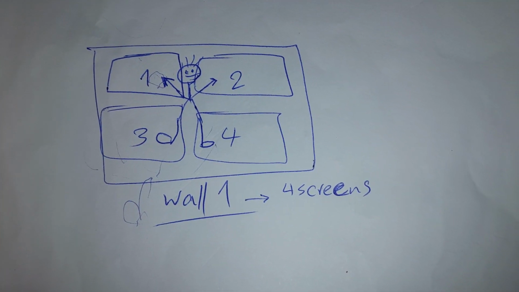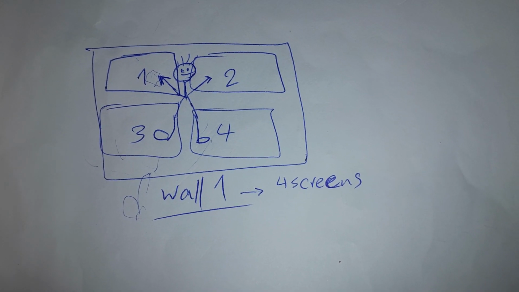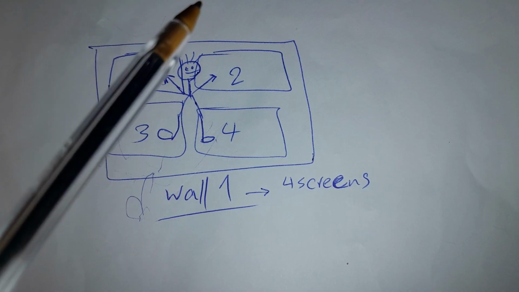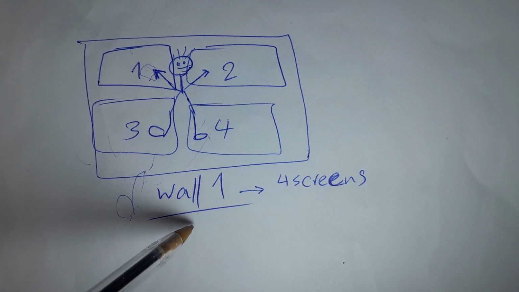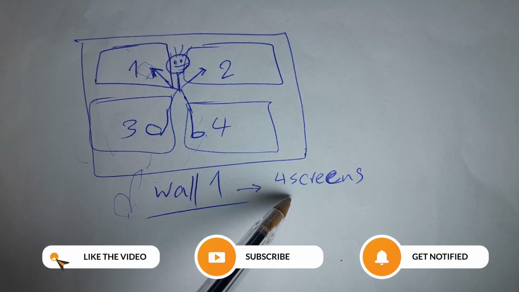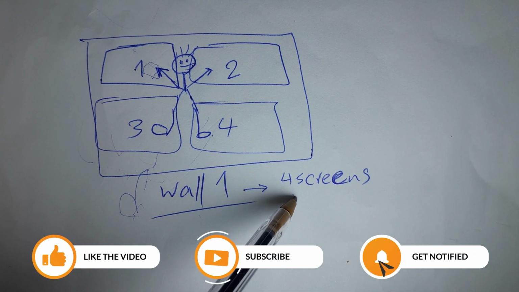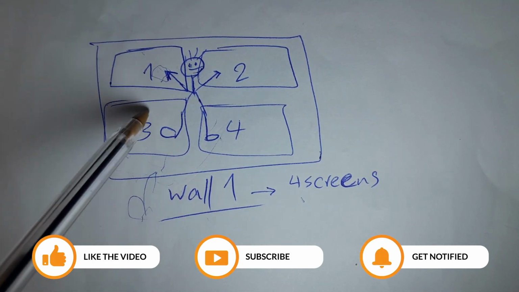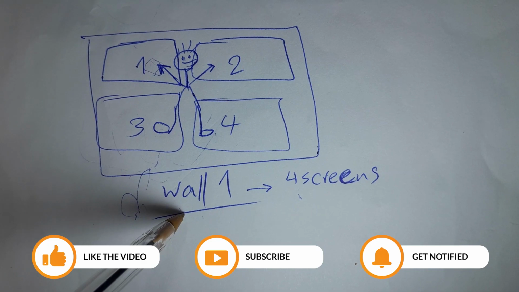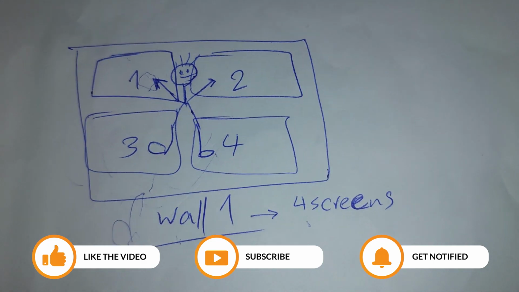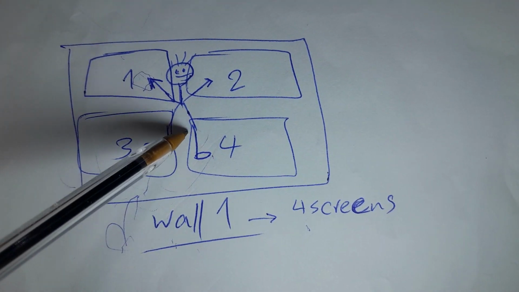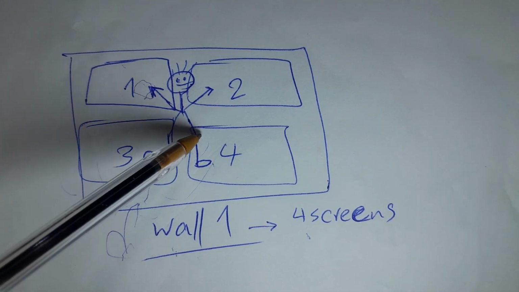Before creating a video wall, let me tell you what a video wall actually is. As you can see, I drew a big monitor and named that wall number 1. Wall number 1 is created with 4 screens. We arrange 4 screens to create a video wall. If you play a video or open a picture, as you can see, I drew a kid here.